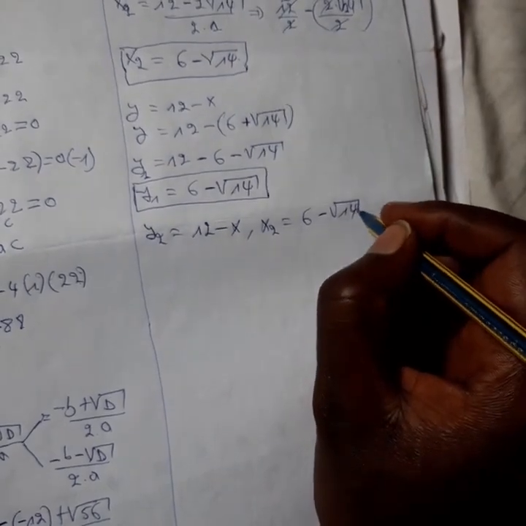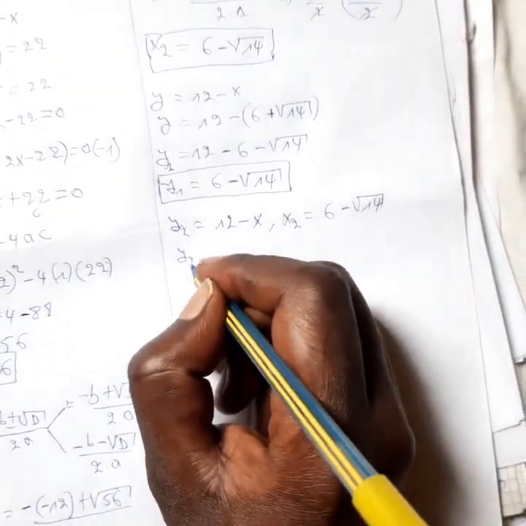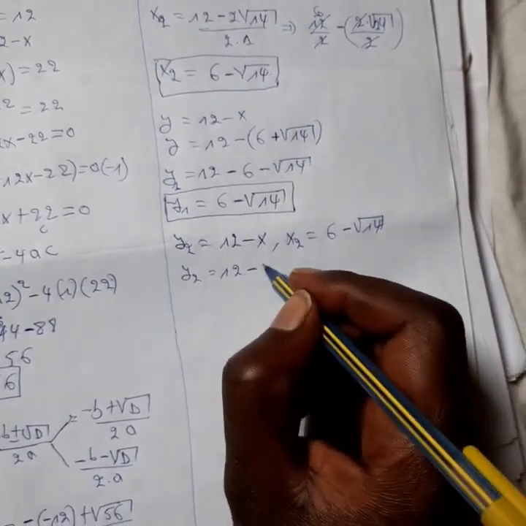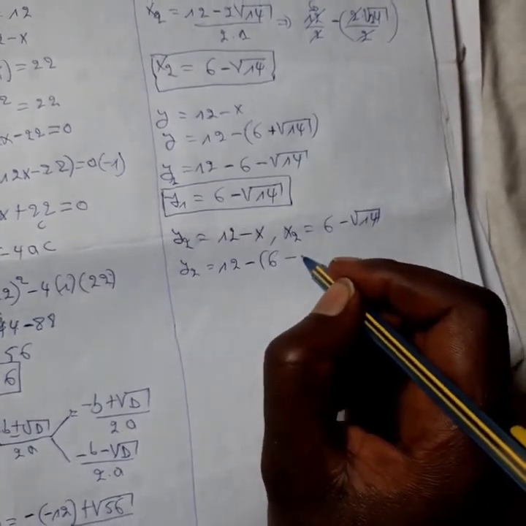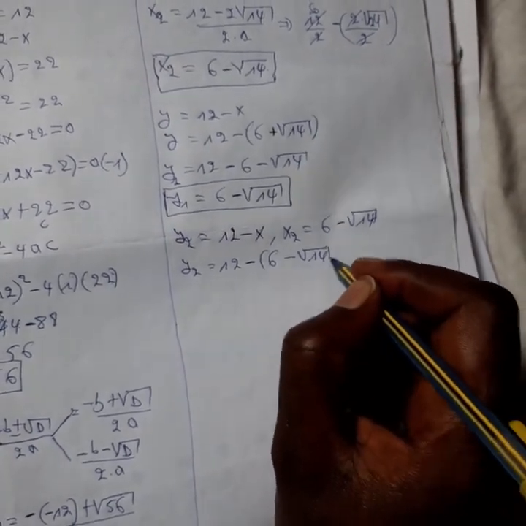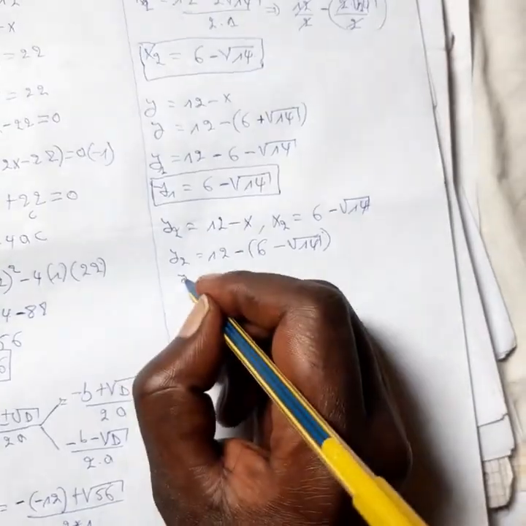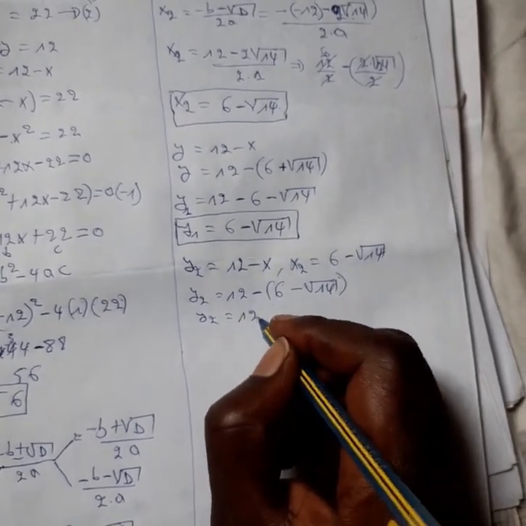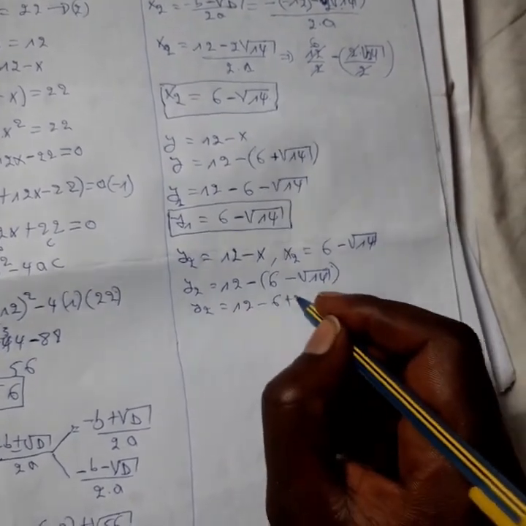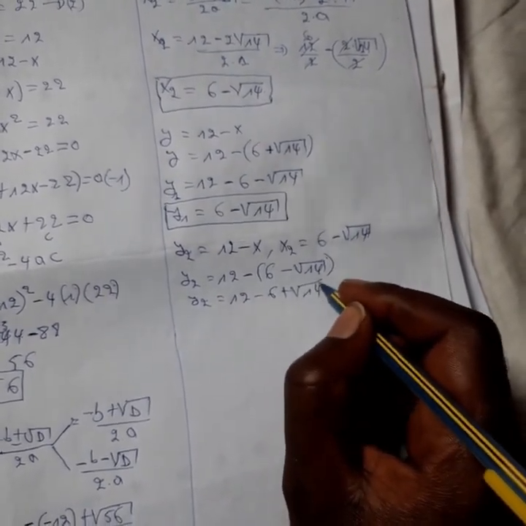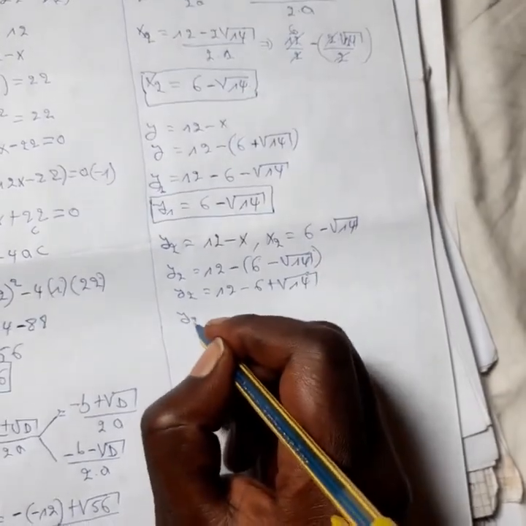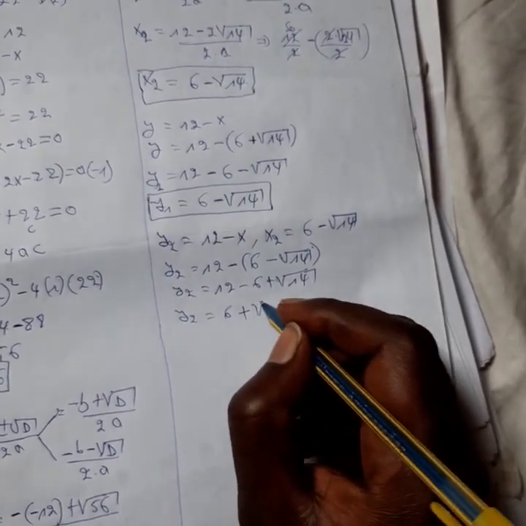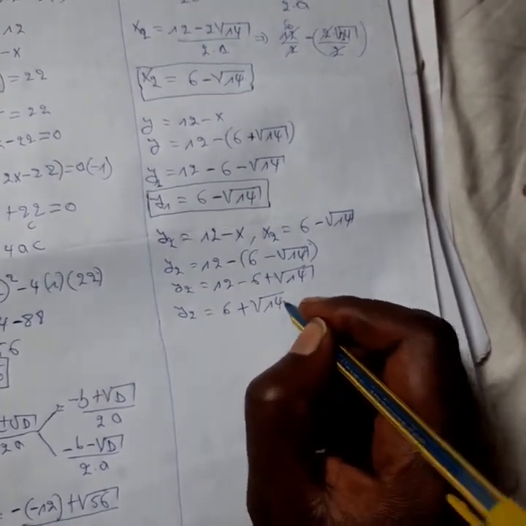Then y2 will be equal to 12 minus 6 minus square root of 14, so y2 will be equal to 12 minus 6 plus square root of 14. y2 will be equal to 6 plus square root of 14.